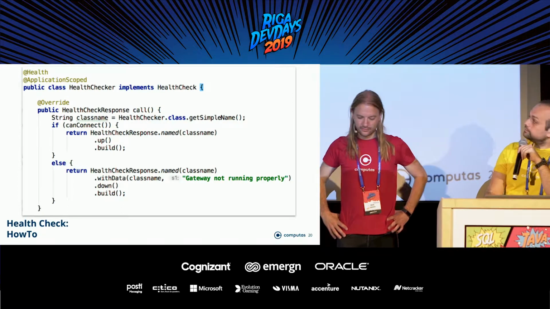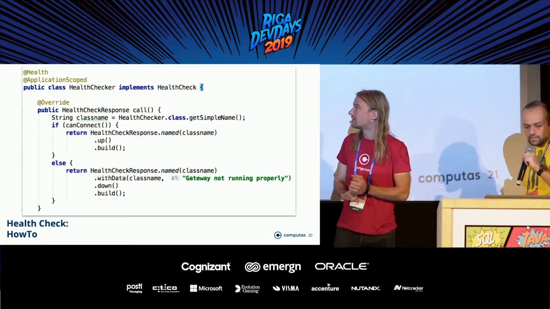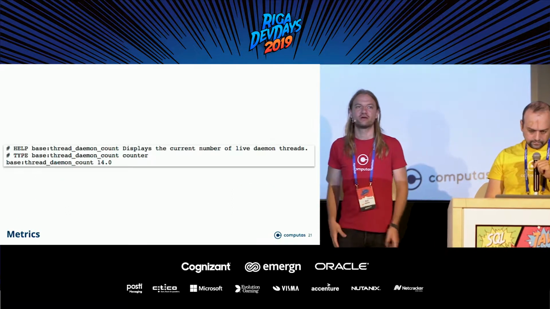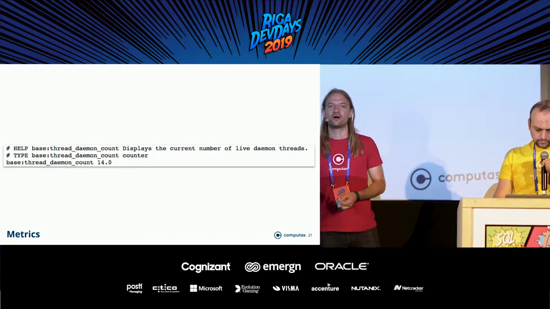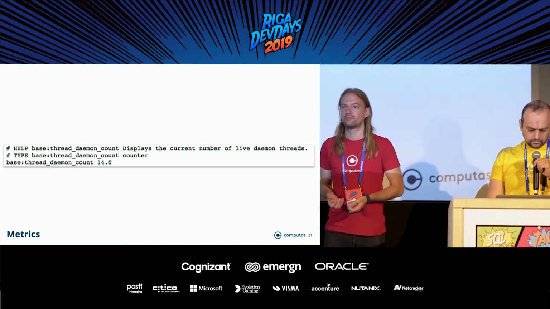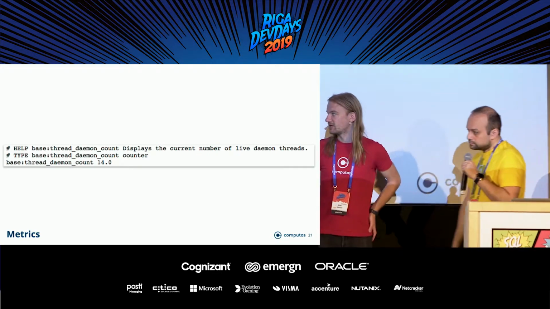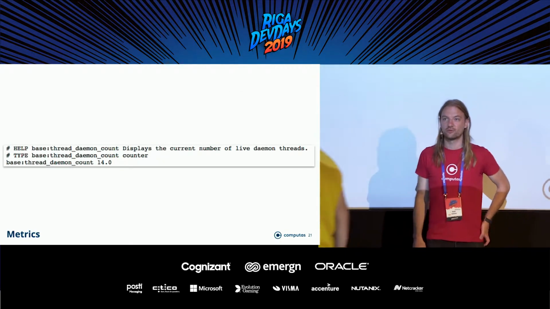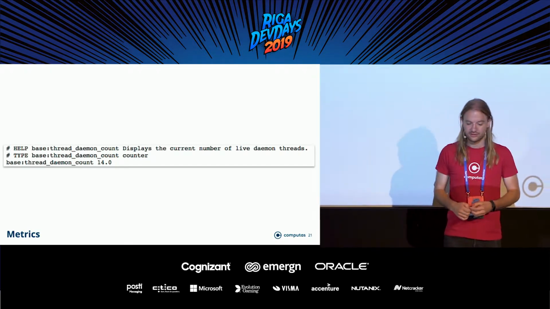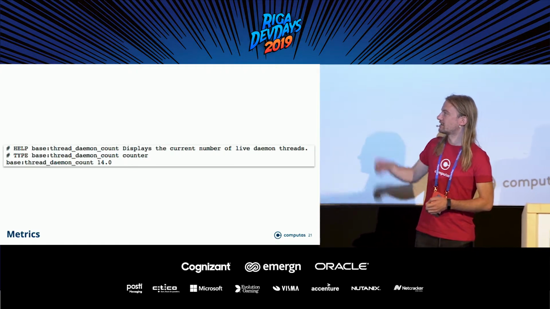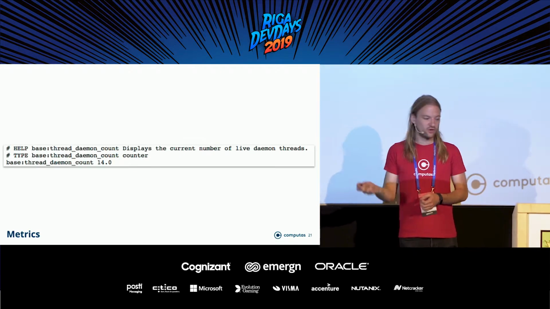Right. Yeah, metrics. So you typically need metrics to see how things are going in production. Like how hard is my CPU utilized? How much memory free do I have? All these things you get totally out of the box using MicroProfile. So without doing anything, you get metrics like how many threads I use, CPU, and so on.